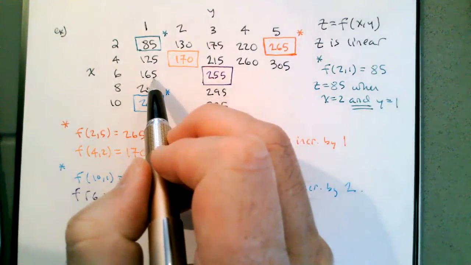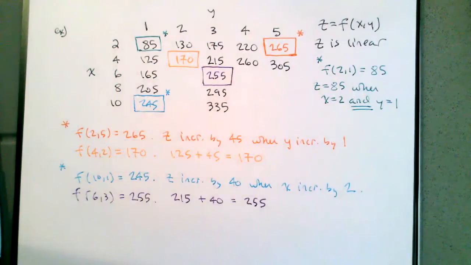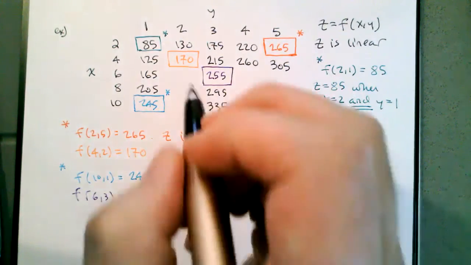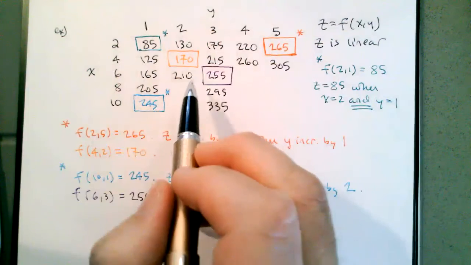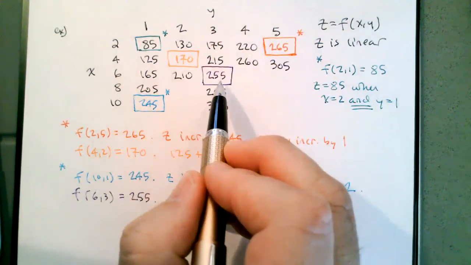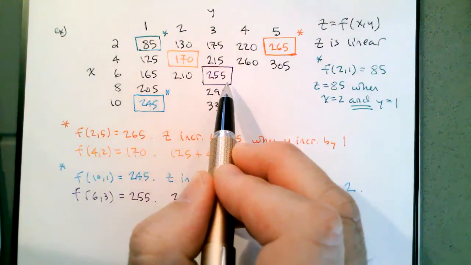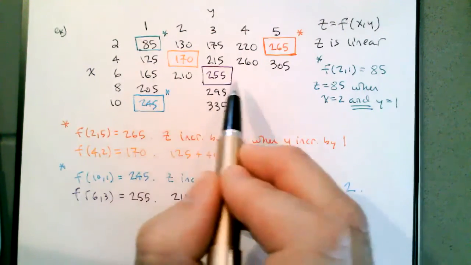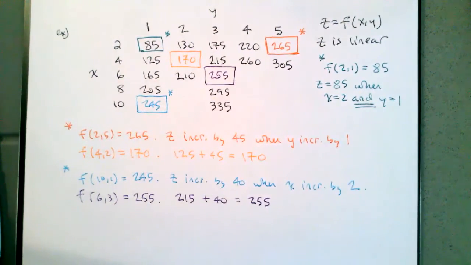So notice that if we start off on the x equals 6 row from 165, if we add 45, we'll be at 210. And then if we add 45 again, that lands us at the 255. So we're still adding 45 in the y direction. And since we add 45 twice, we're just adding 90.